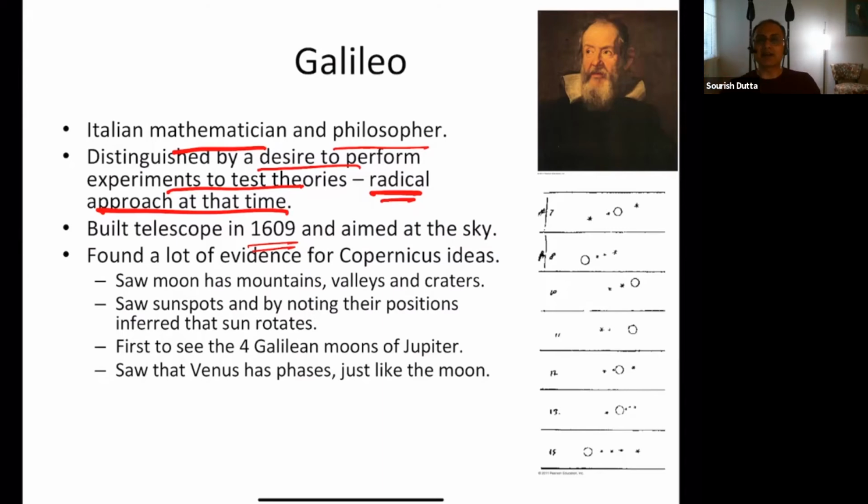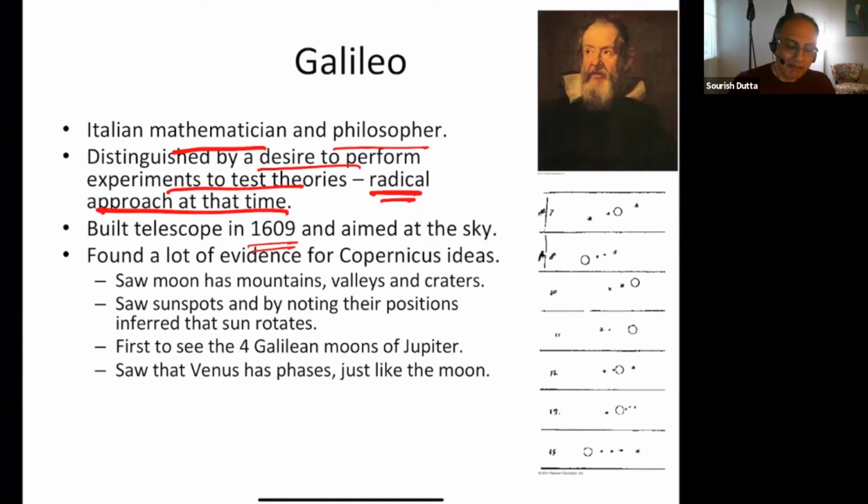He was a very smart person, and even before he built his telescope, he knew that this whole geocentric model must be complete nonsense. And he knew that Copernicus's heliocentric model must be true. But once he built his telescope and looked at the sky, it just completely hit him that everything people believed till that point regarding the cosmos is all complete nonsense.